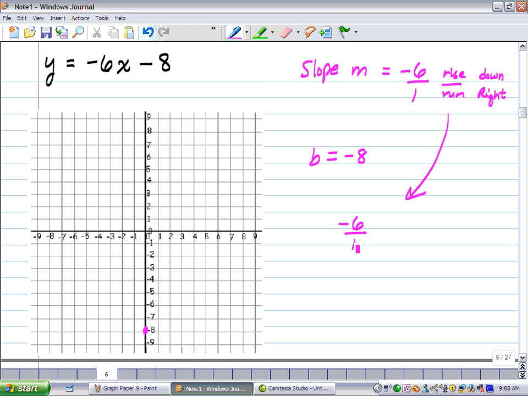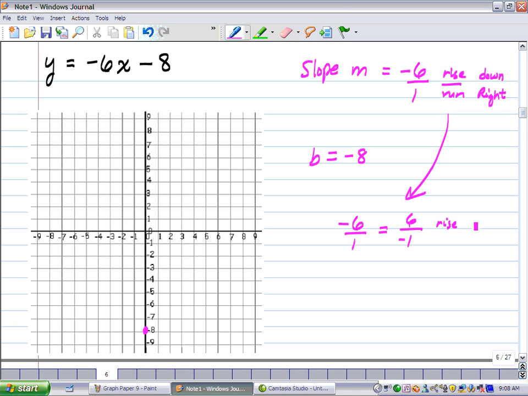Well, -6 over 1 is the same as 6 over -1. In other words, the negative can move. As long as there's no addition or subtraction going on in the numerator or the denominator, the negative can move because -6 divided by 1 equals -6. And 6 divided by -1 also equals -6.